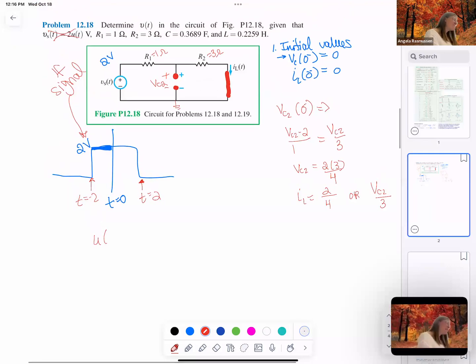Okay. So to write this, anybody have any ideas on how you would write this? Plus 2. And what does that look like if you have a t plus 2?